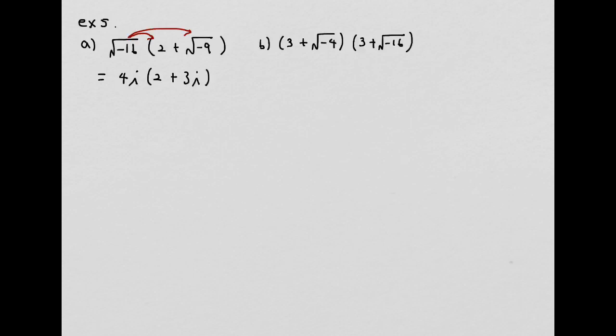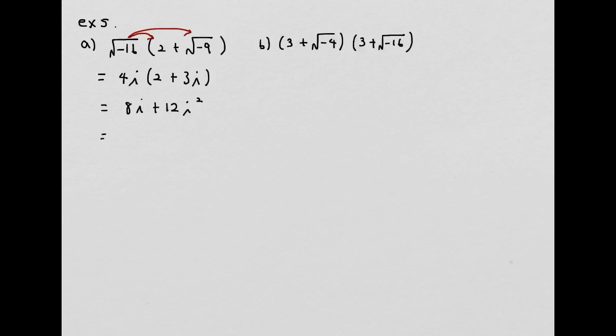So you need to get used to how to convert negative radicals, negative square roots. Once you convert it, now you should be able to distribute. So 4i times 2 is 8i. 4i times 3i, you get 12i squared.